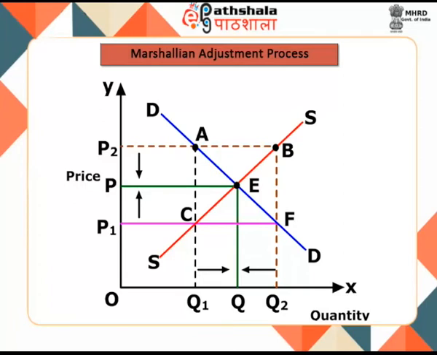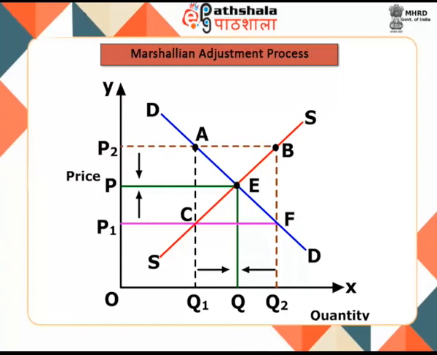This will induce the producers to increase the supply from OQ1 to OQ, which will lead to a decrease in price and then again leads to increased demand, as a result of which equilibrium will be restored at the initial equilibrium position E.